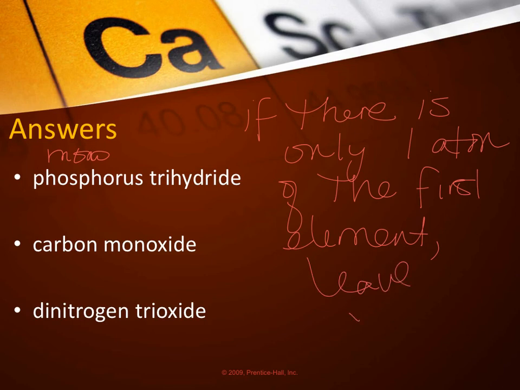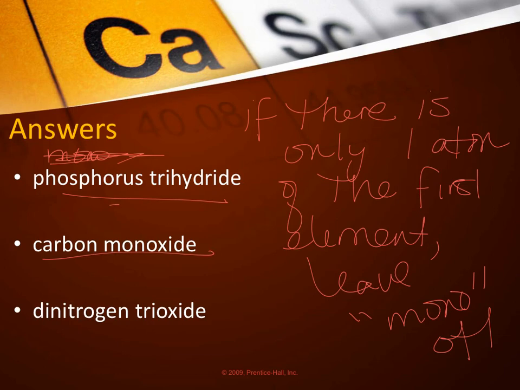Leave the prefix off. So that's just phosphorus trihydride. Same here, carbon monoxide. Instead of saying monocarbon monoxide, if there's only one of the first, you leave off the prefix, and it's carbon monoxide.